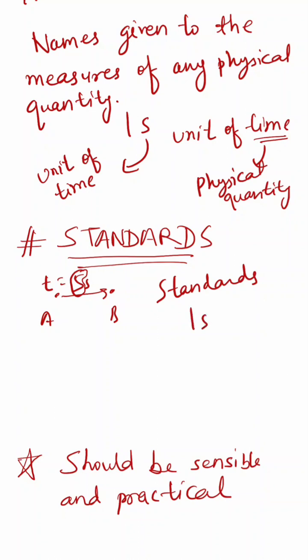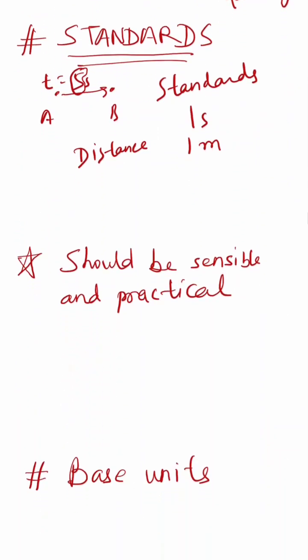Okay. Similarly, the standard for, let us say, distance can be 1 meter. This meter, we will see, is a unit for length. One more thing, a standard must be sensible and practical.